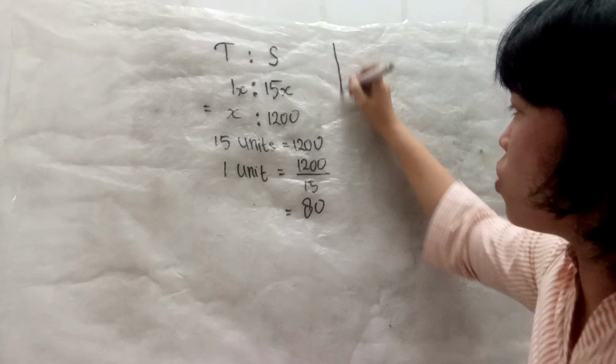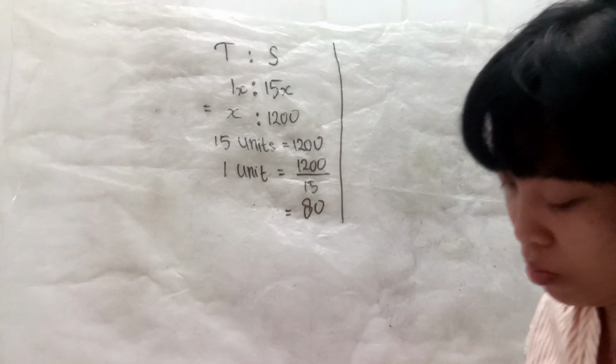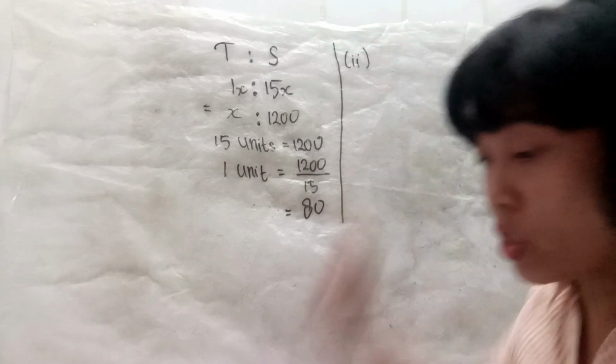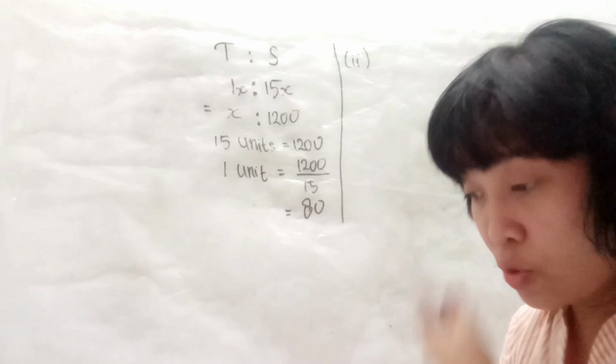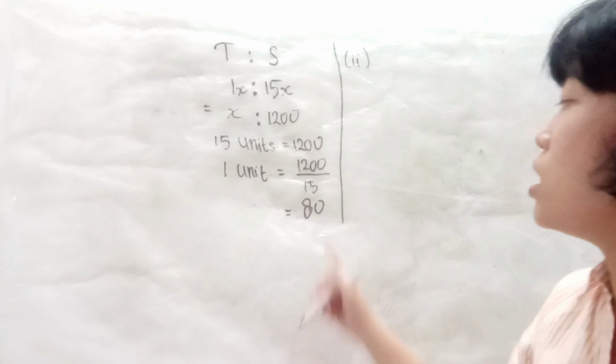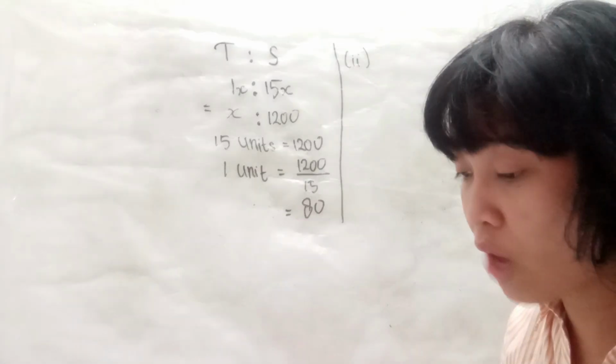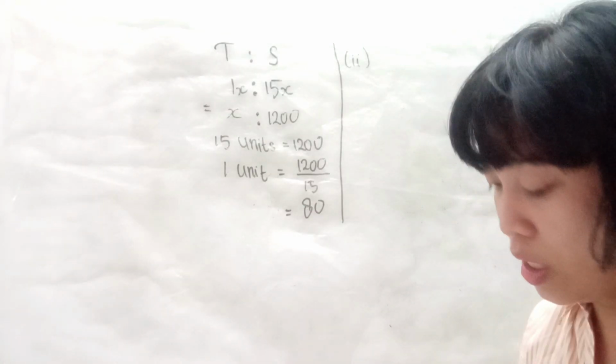Mostly all of you correct here, but you did mistake in the second question. In the second question, the number of teachers who joined the school. So the initial number of teachers is 80. Now you want to find the number of teachers who joined the school.